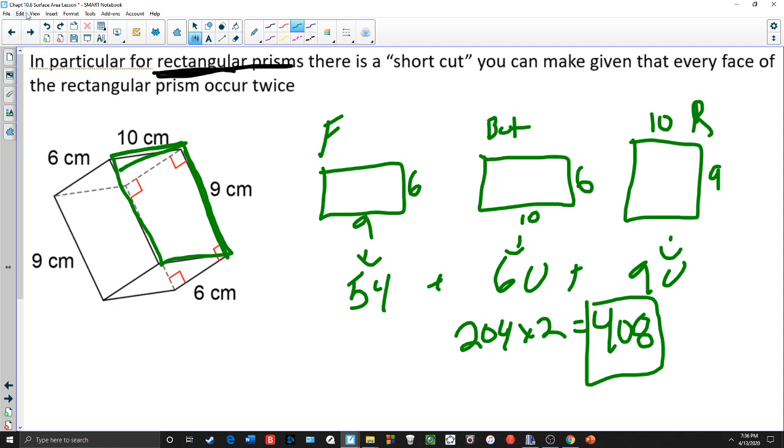If I wanted just the lateral surface area, by the way, for this problem, what I would do is find the area of just this piece right here, which is 9 by 6, this piece right here, which is 10 by 9, and then I would also find the areas of their counterparts.